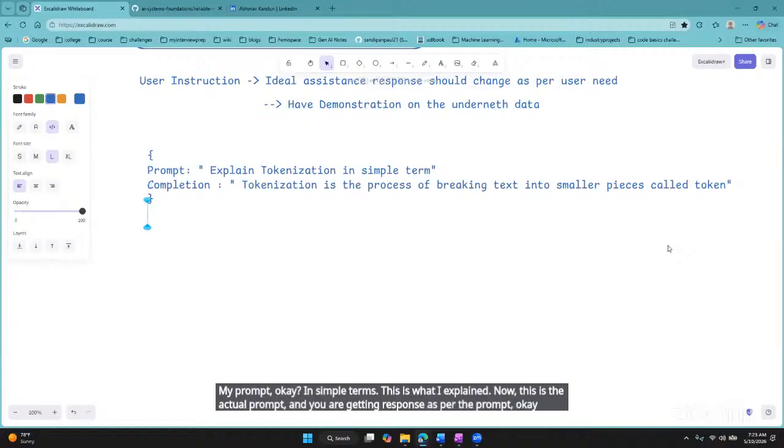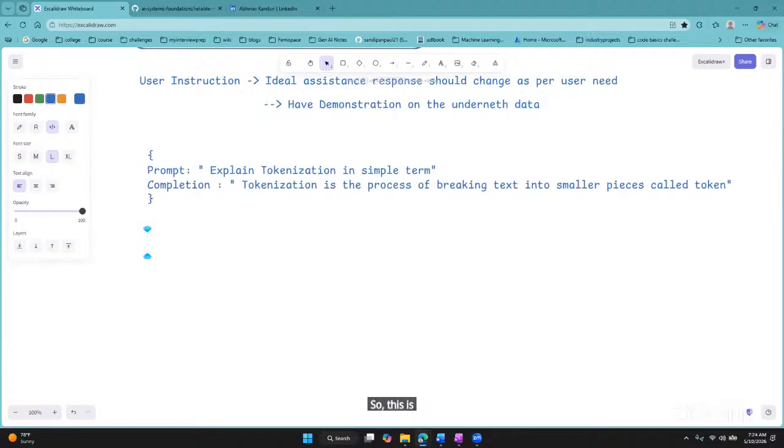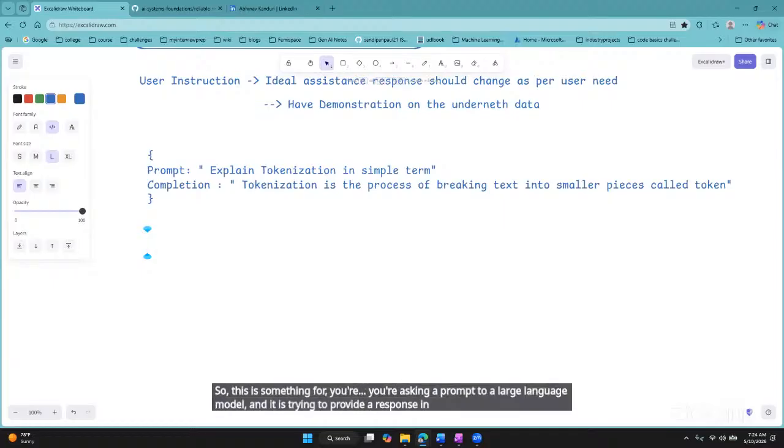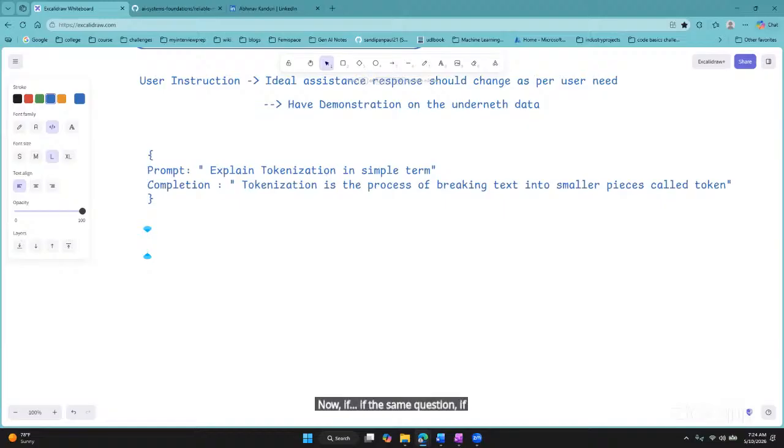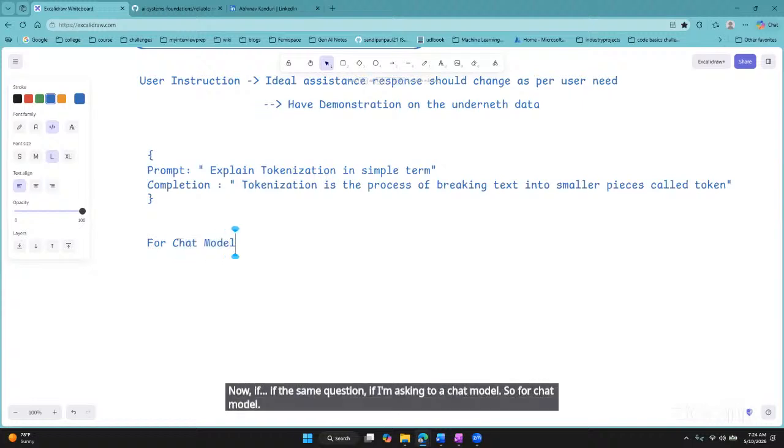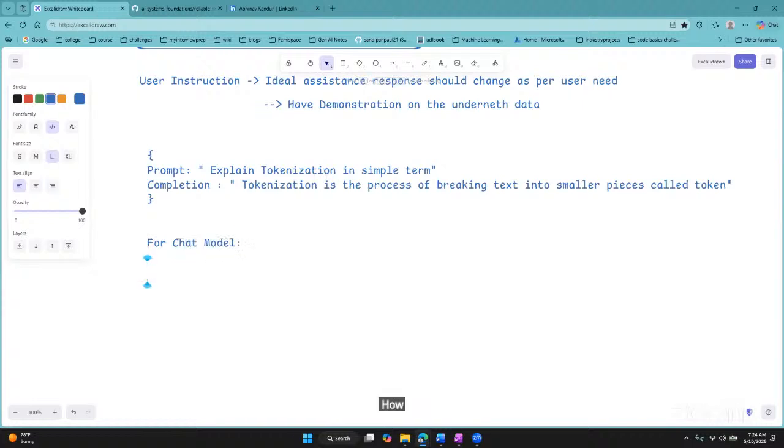Now, if the same thing comes under a chat model: you are asking a prompt to a large language model and it provides a response in simple terms in one line. If I ask the same question to a chat model, how is this going to work?